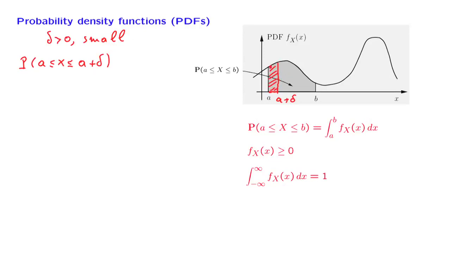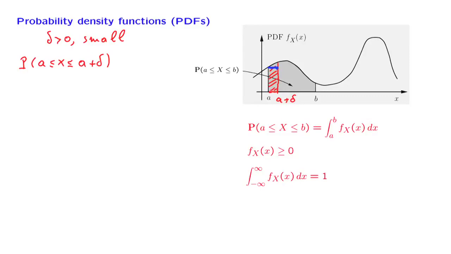On the other hand, as long as f does not change too much over this little interval, which will be the case if we have a continuous density f, then we can approximate the area of this region by the area of a rectangle where we keep the height constant.